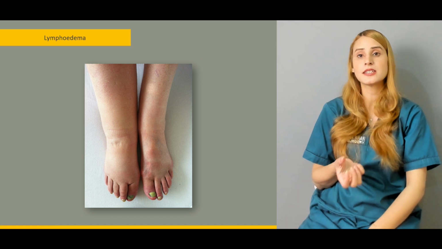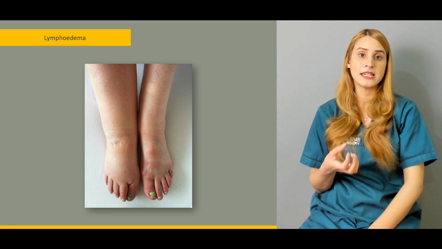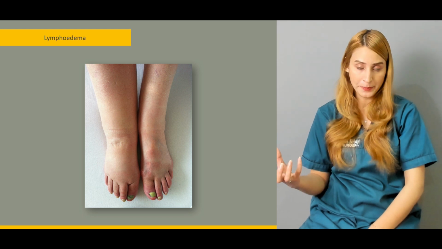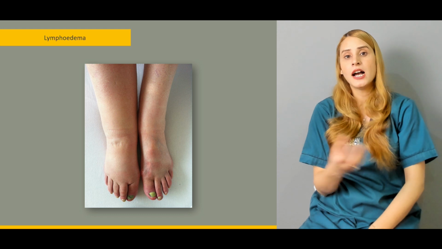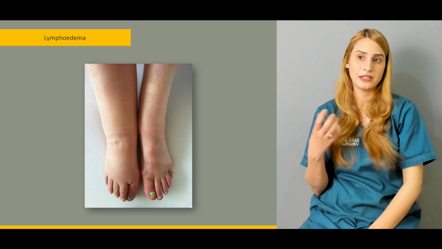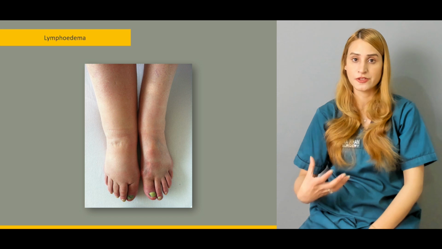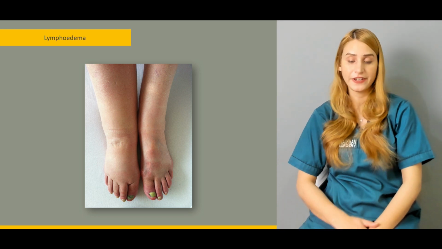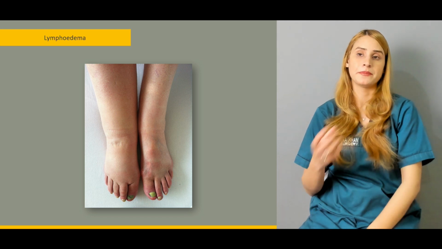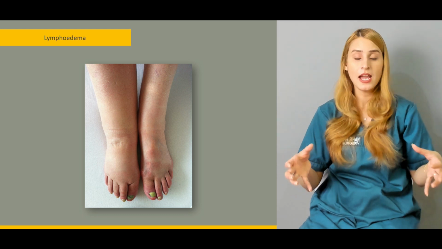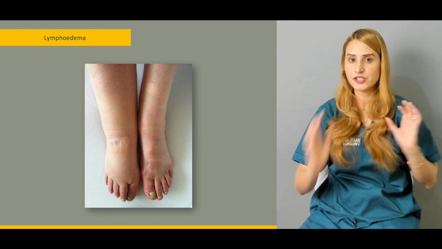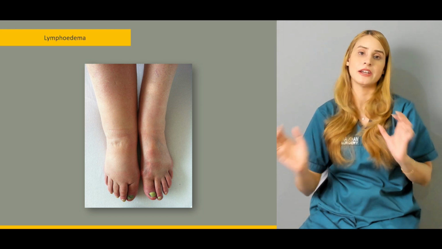So this is a typical sign, a kind of buffalo hump. If you ever observe the foot of a buffalo, there's no depression or gap between the ankle, the malleoli and the foot.